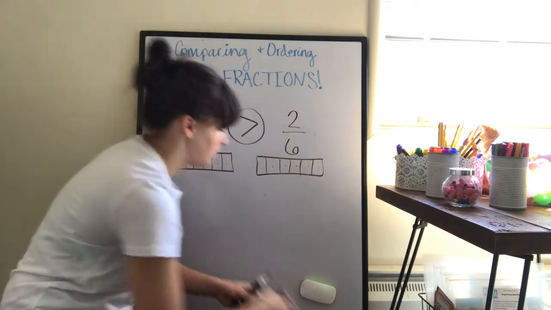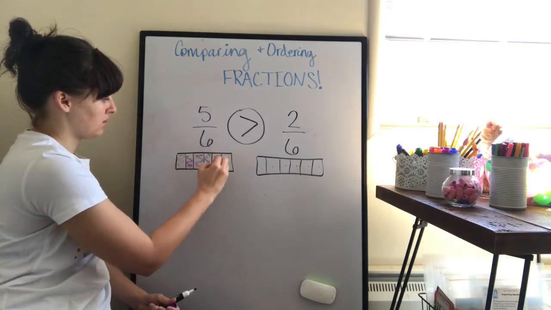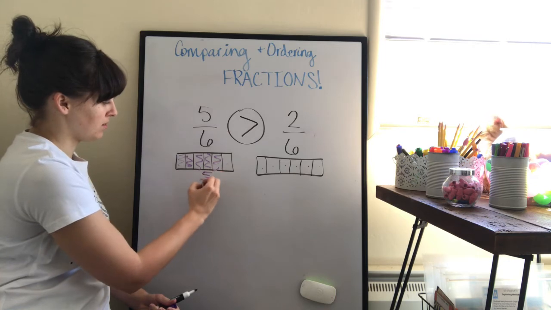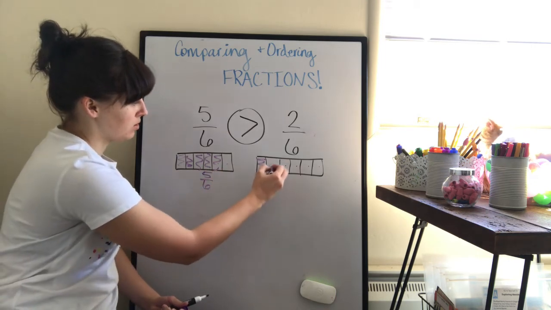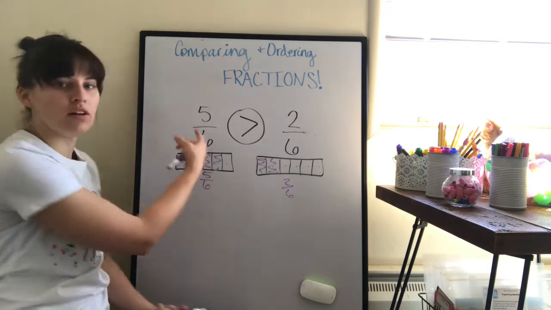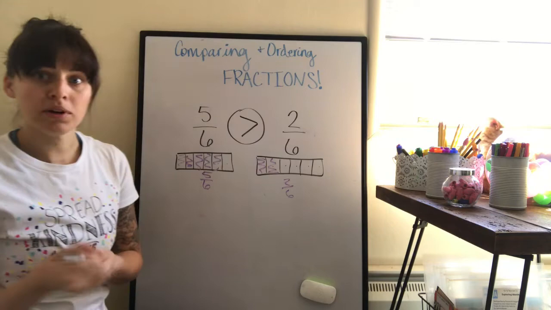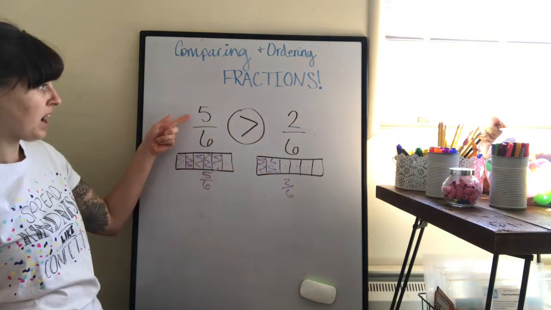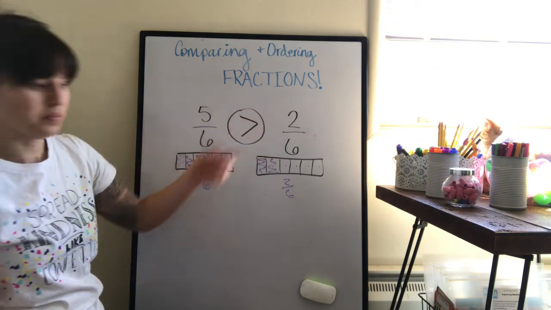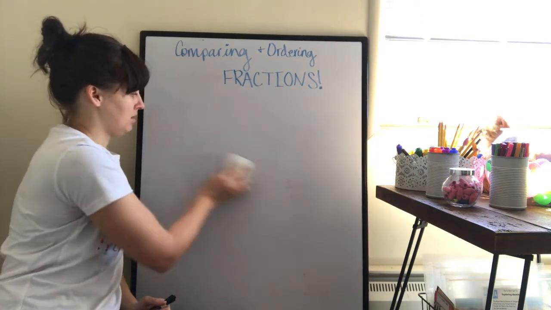Here I have 1, 2, 3, 4, 5. And here I have 1, 2. Right? Which one's bigger? Which one's more? Well, the 5/6, obviously. We can see that with drawing pictures, or we can see that just 5/6 is bigger than 2/6, right? So now let's get a little more complicated.